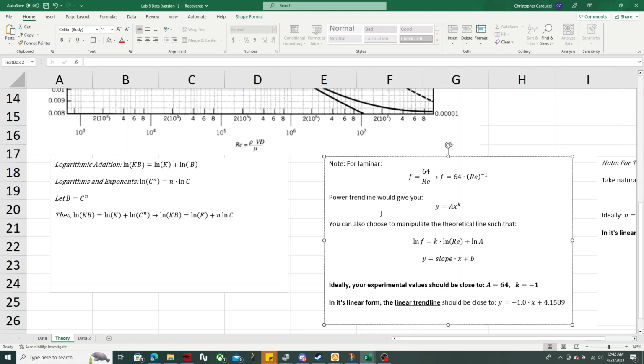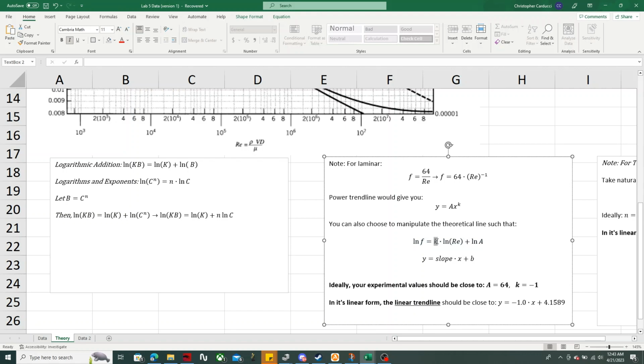So in general, if you were to use a power trend line, the equation that it would give you would be something of y is equal to a, some kind of constant, times x to the power of k. Another way you can look at this, and you'll see this in your log plots, is to manipulate your data such that if you take the natural log of both sides, you'll get natural log of f as your plotted y values.